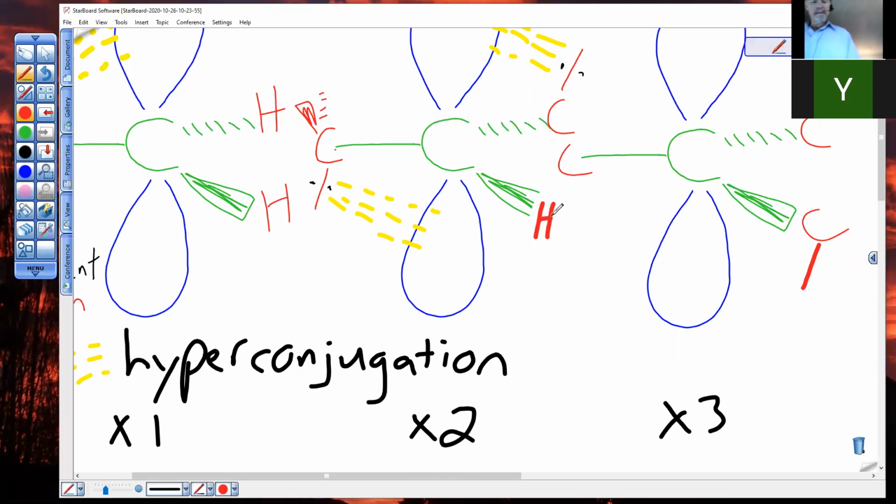Now you're going to think the H is important because it's so big. Okay. So I got this bond here with electrons in it. And yeah, hyperconjugation times 3 is the best.